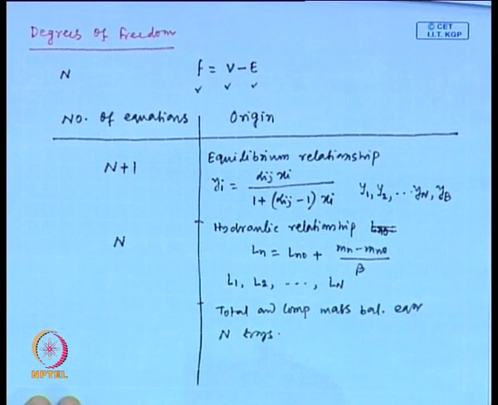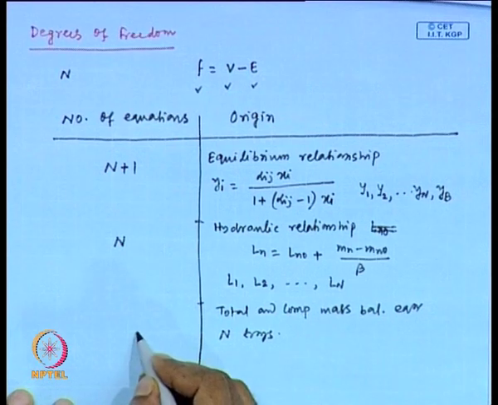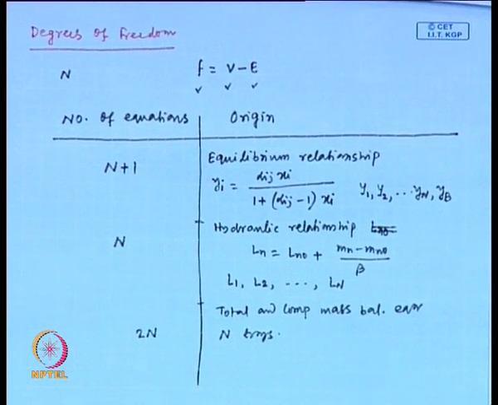For n number of trays, how many equations are there? 2n. One total mass balance equation, one component mass balance equation for each tray. That means 2 equations for each tray. So, for n number of stages, we have 2n equations.